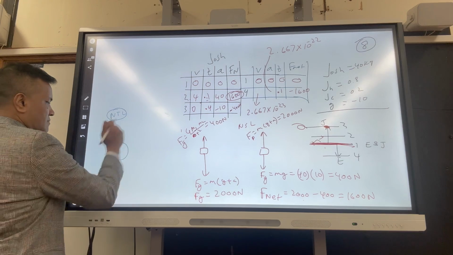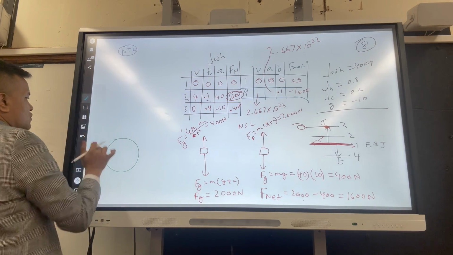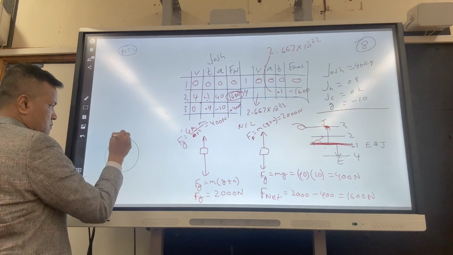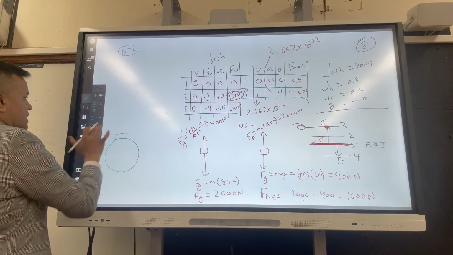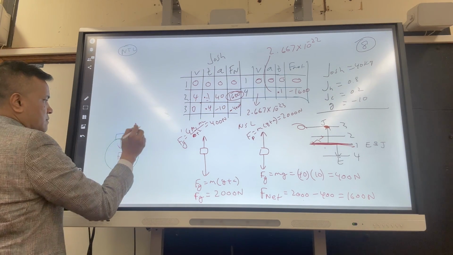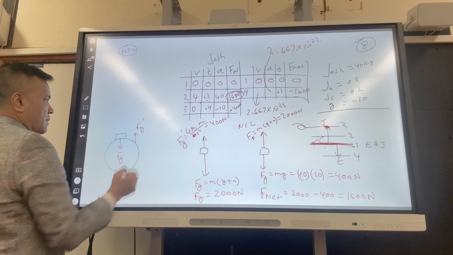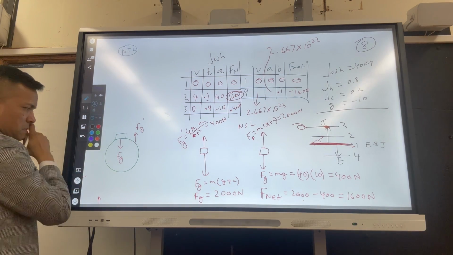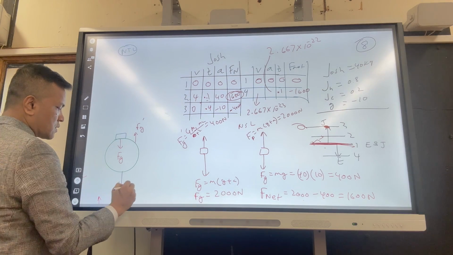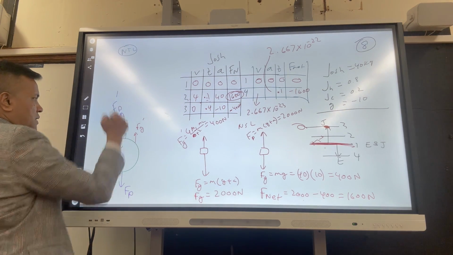Okay, so now let's do Earth and let's do Josh. So now let's write for Fg, and this is Fg prime, and this is F push, and this is F push prime.